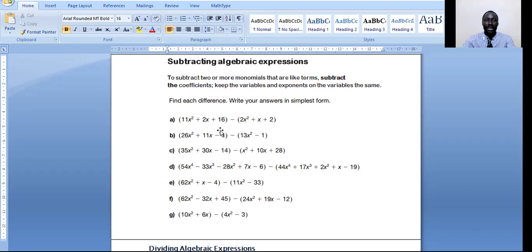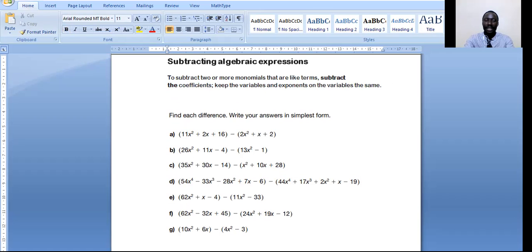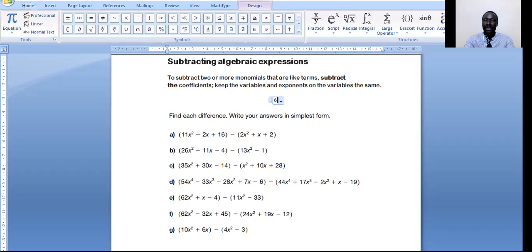Now, according to these statements, what they are trying to say is suppose that we have, for example, 6x minus 3x.